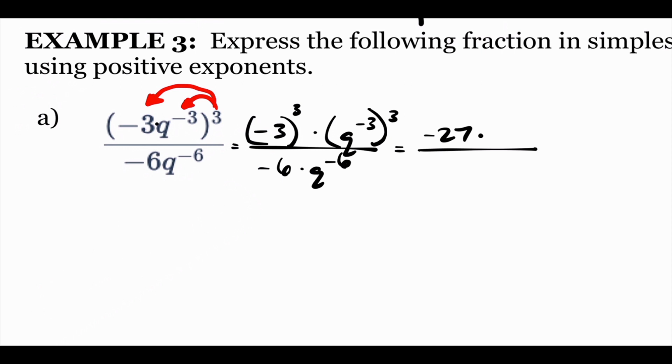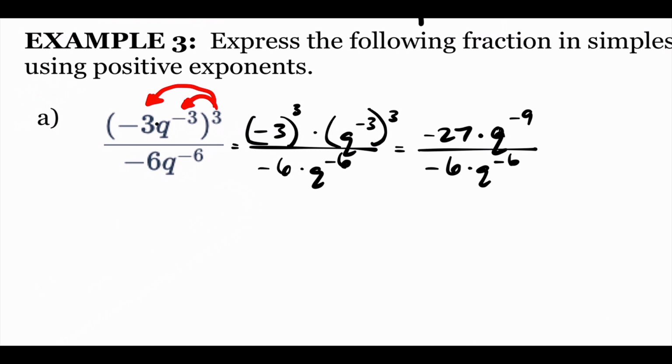Not add them. It's a power to a power, so we multiply them, yeah. So you get -9 power. So q to the -9. The bottom stays the same because it didn't have any parentheses. Parentheses are done.